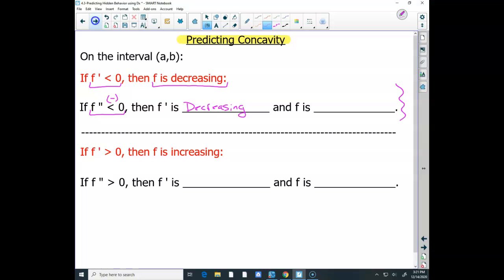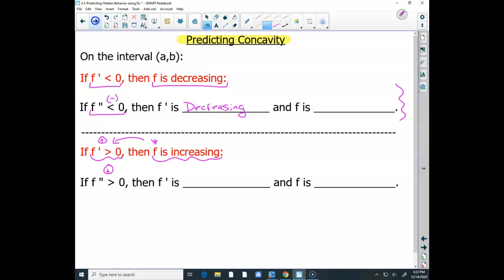Also, if f prime is positive, then we know f is increasing, right? How do we know that? Here's my original function f, and f prime is derived from f, okay? So if it's increasing, I have positive tangents, right? Well, how about if f double prime is positive?